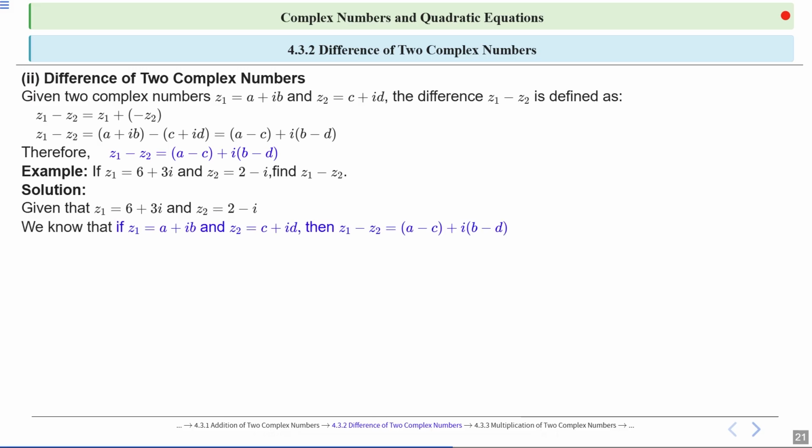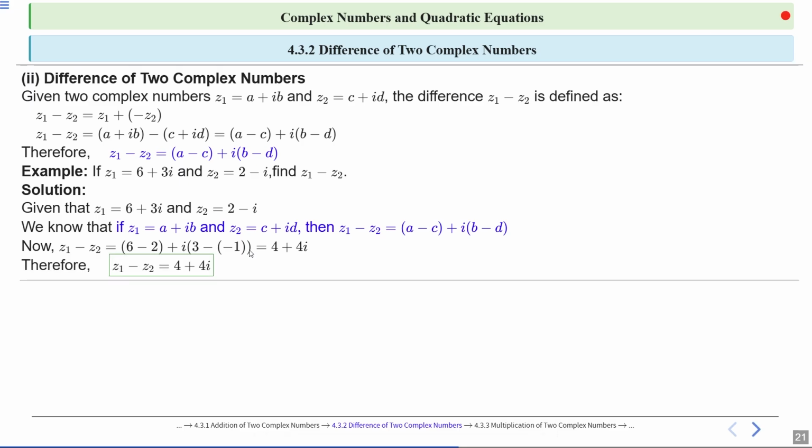So we know that if z1 equals a plus iota b and z2 equals c plus iota times d, then z1 minus z2 equals a minus c plus iota times b minus d. So now z1 minus z2 equals 6 minus 2 plus iota times 3 minus of minus 1 equals 4 plus 4 times iota. Therefore, z1 minus z2 equals 4 plus 4 times iota.